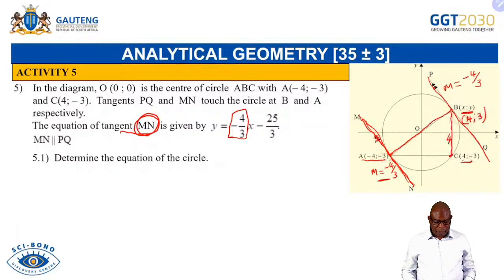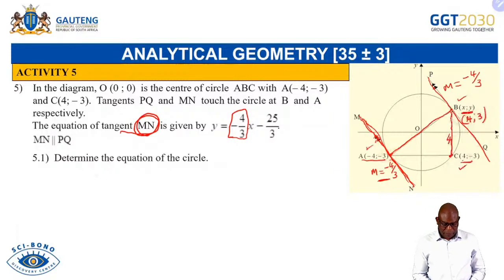Okay. The first question will be obvious. Determine the equation of the circle. I already know how to get the equation of the circle. The equation of the circle is x squared plus y squared equals r squared, using a point on the circle. So I've got point A on the circle, point C on the circle, point B on the circle. But point B does not have the x and the y. Point C, I can use it. Point A, I can use it.